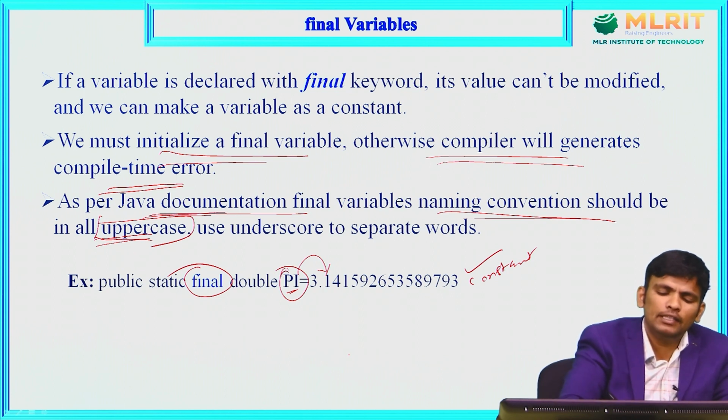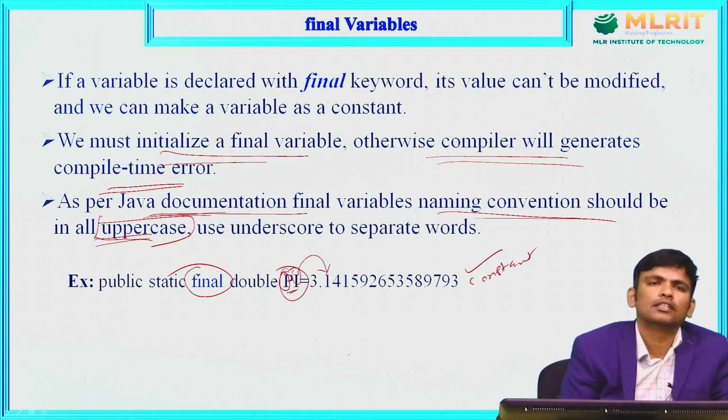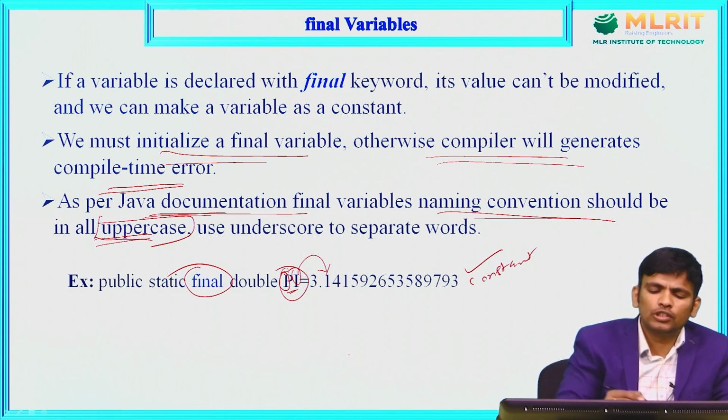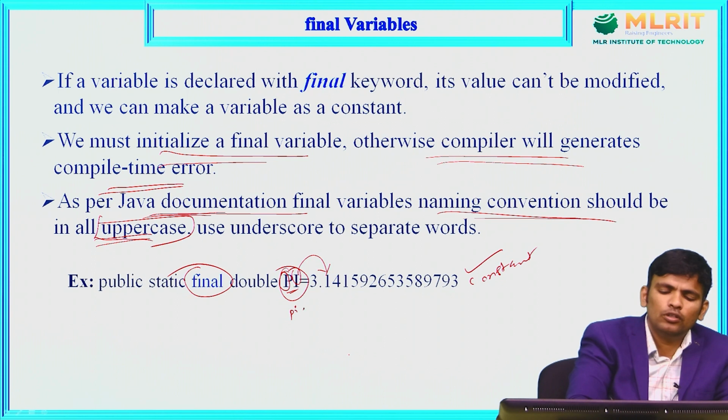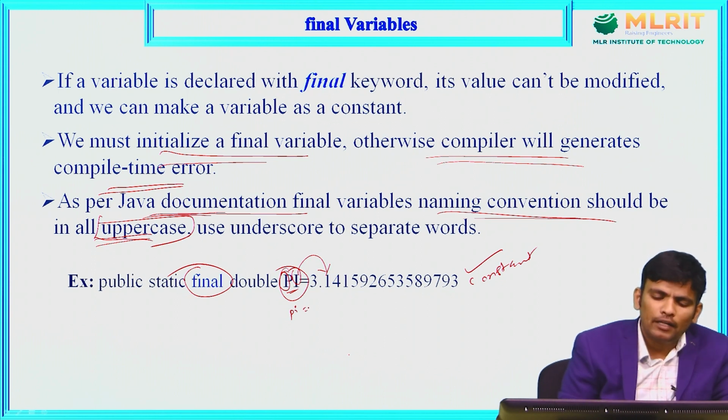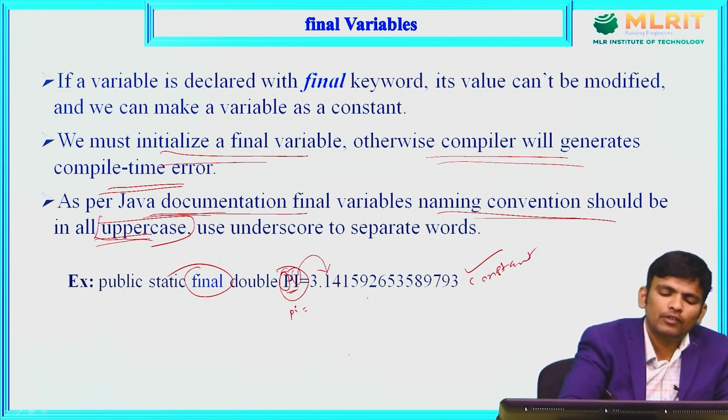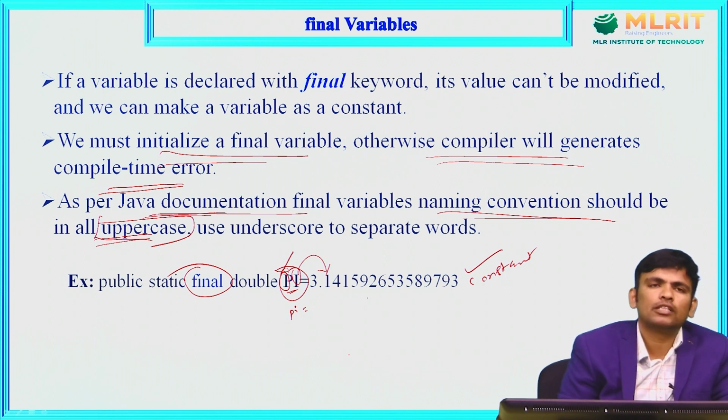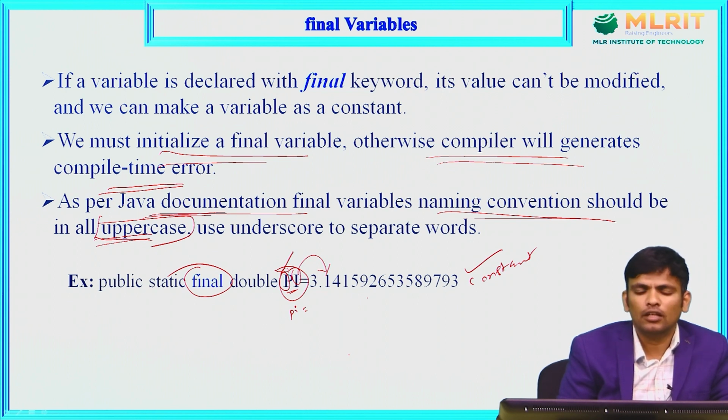You can see P is uppercase and I is uppercase. It is just a convention and it is optional. If you want, you can use a small pi also and it will work, but the uppercase one is recommended, because as per the Java documentation all final variable names are uppercase, not lowercase.